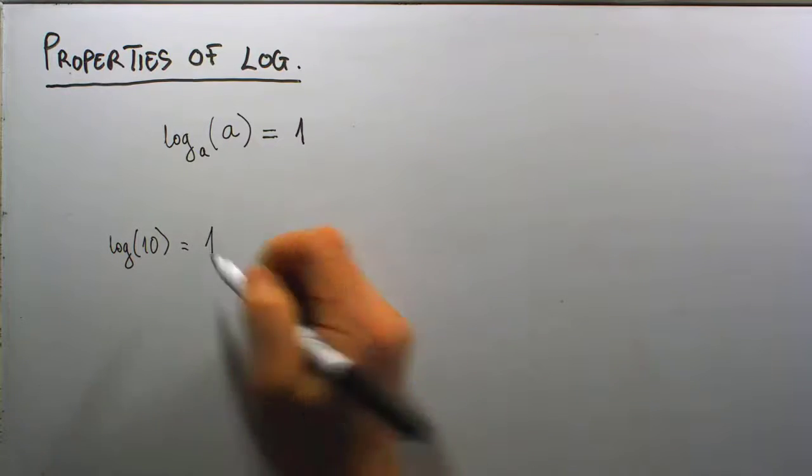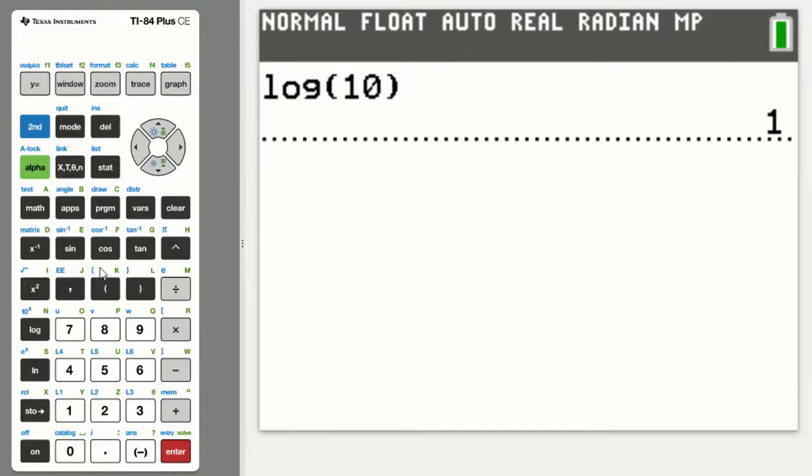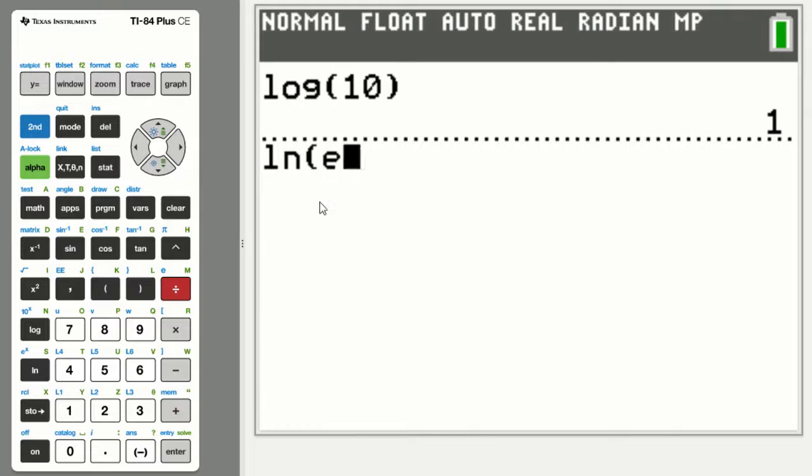The answer is 1. On the calculator, I can try natural log, or we can see this as log base e. So the base here is base e, log base e of e. To access the value of e on this calculator, it is right above the division key. So I will go second e. This calculator will understand this e as the constant value 2.718 and so on.